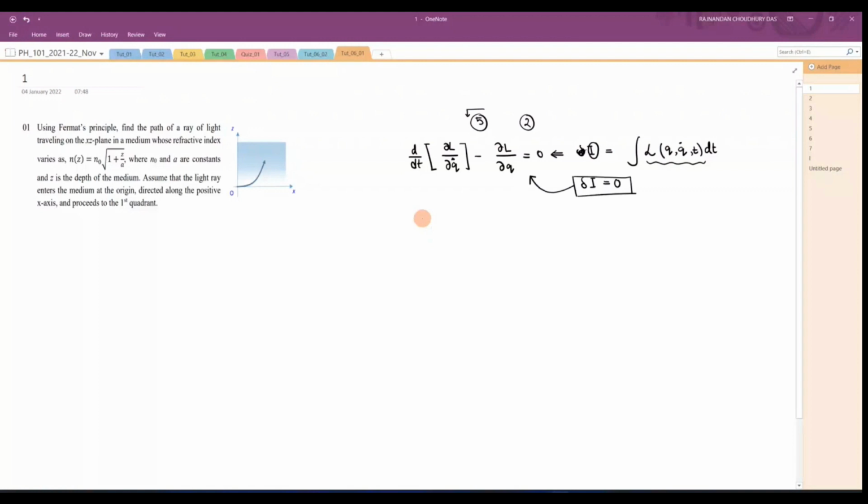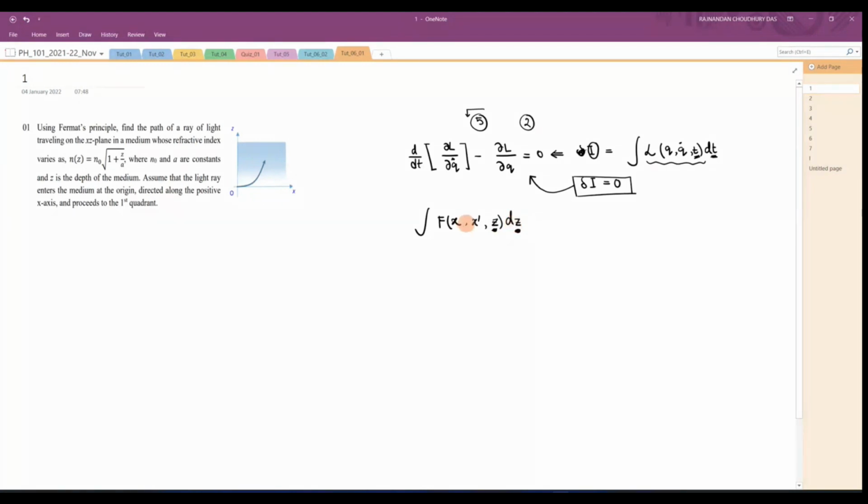Suppose you have some function which depends on x, x prime, and z, just like q, q̇ and t. This t is basically this z, the main variable here.